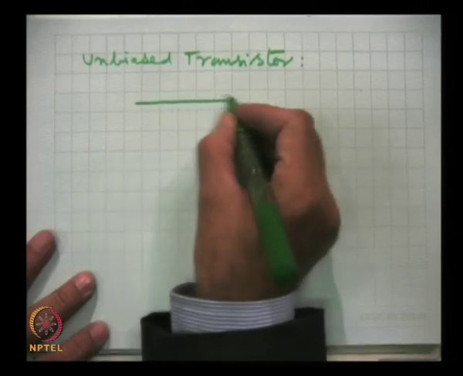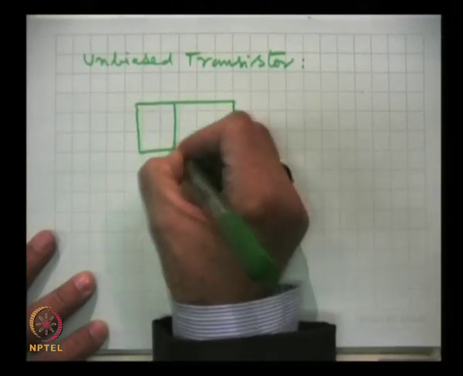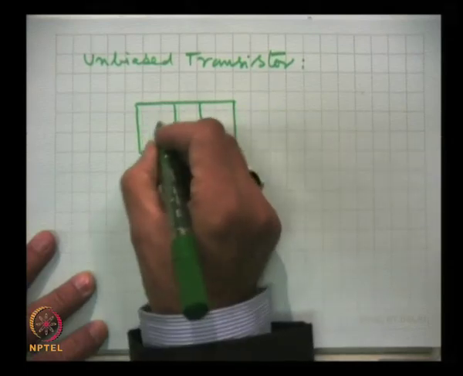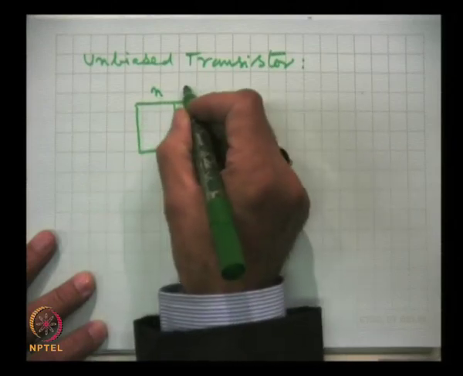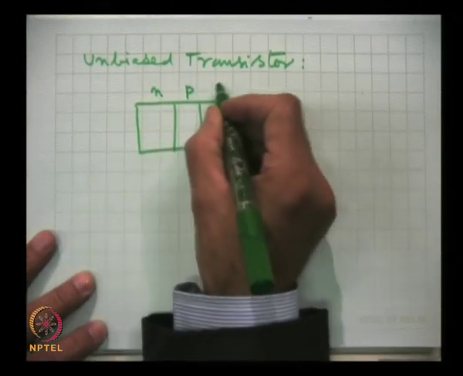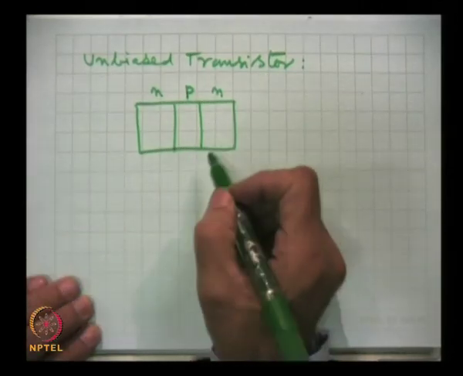So, let us see what happens. Here, this is the N emitter, this is the P base, and this is the N collector.